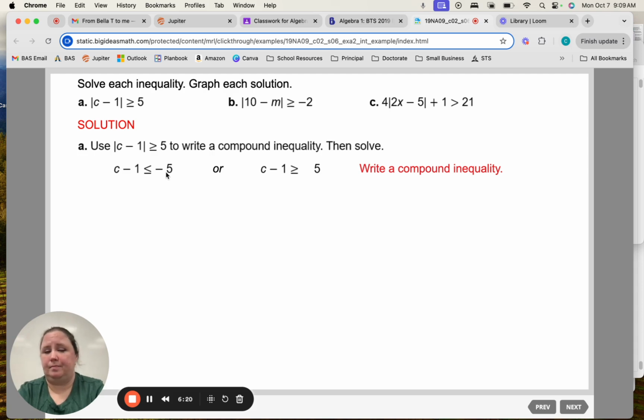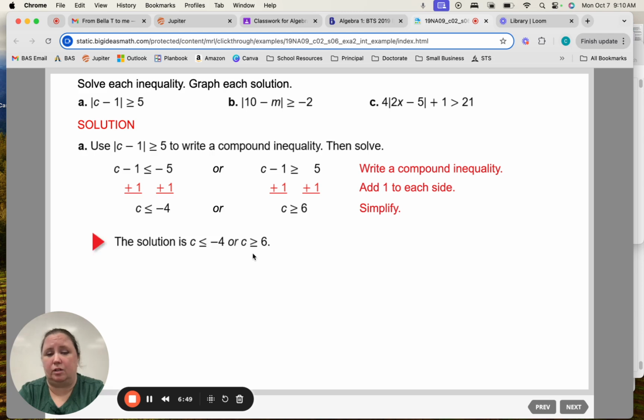So then we're going to add 1 over here. Negative 5 plus 1 would give you negative 4. And then we're also adding 1 on this side, and we have 5 plus 1, which is 6. Very good. So C is less than or equal to negative 4, or C is greater than or equal to 6.